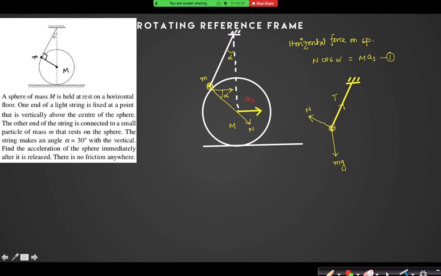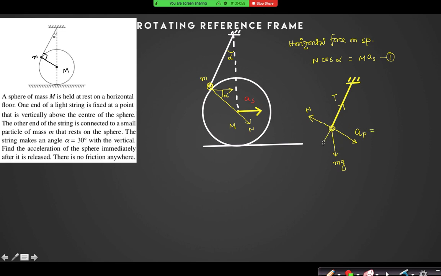Yes, because it is released with zero speed, and radial acceleration is v square by r. So the radial acceleration is 0. So can I say that the only acceleration of that ball is along this line, which is the tangential acceleration of the particle?